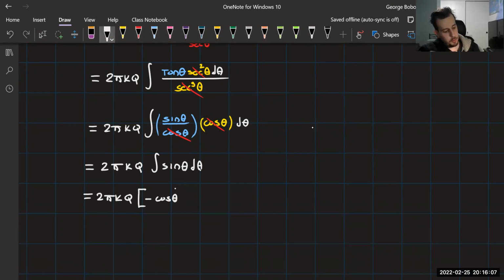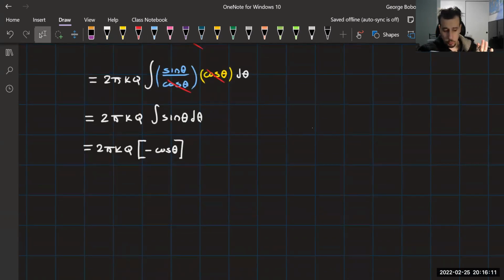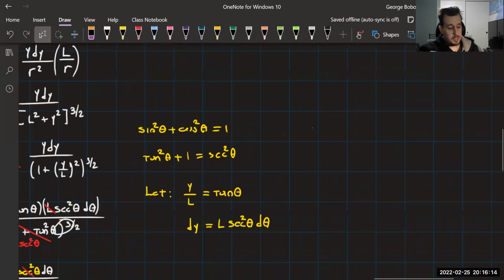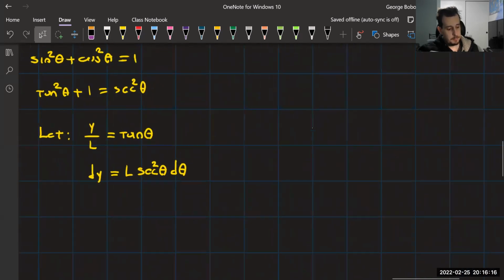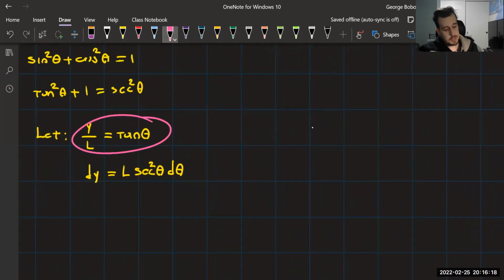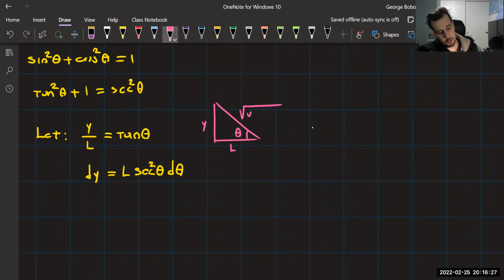All right, so we put the bounds back, slowly. We don't have to rush here. We need a cosine. You said here that tangent is this, so make up your little triangle. Opposite is y, adjacent is L. Obviously, the hypotenuse is the square root of y squared plus L squared.